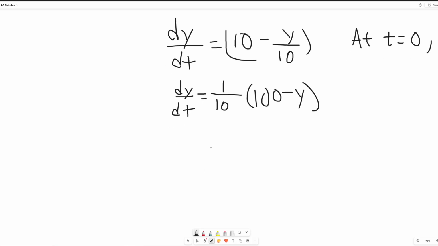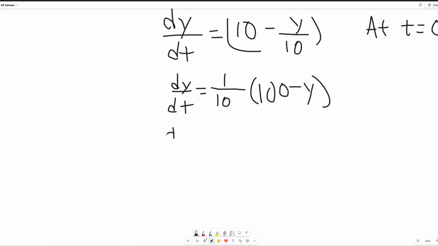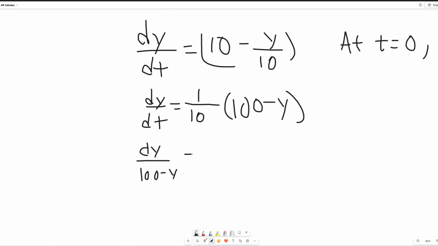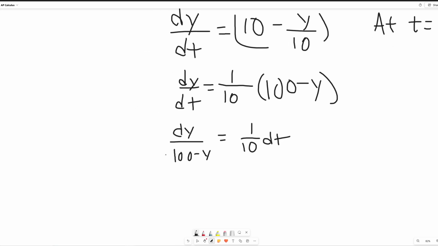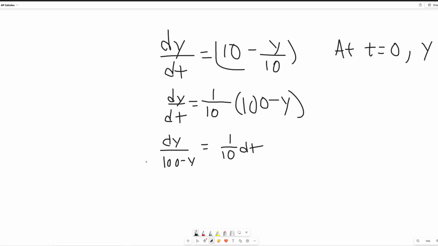So now we can separate. So we have dy over 100 minus y equals 1/10 dt. We move this dt over here. We move this 100 minus y to the bottom, and now we have this. And now we can integrate.